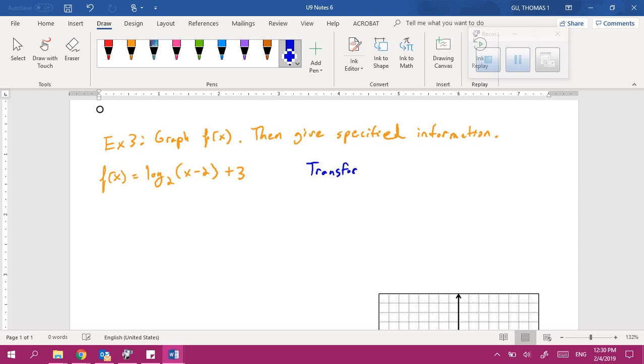So can somebody who has not spoken yet give me one transformation here? Right 2. And Avery, what's the other transformation? Up 3, that's right. Good, so we got right 2 and up 3.